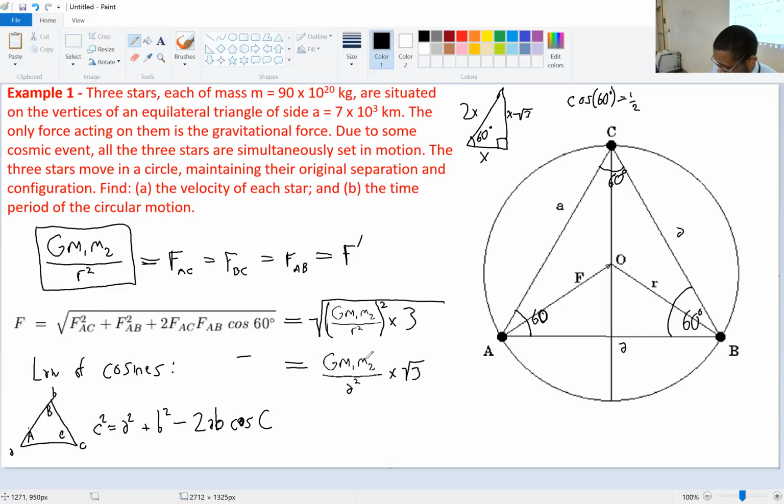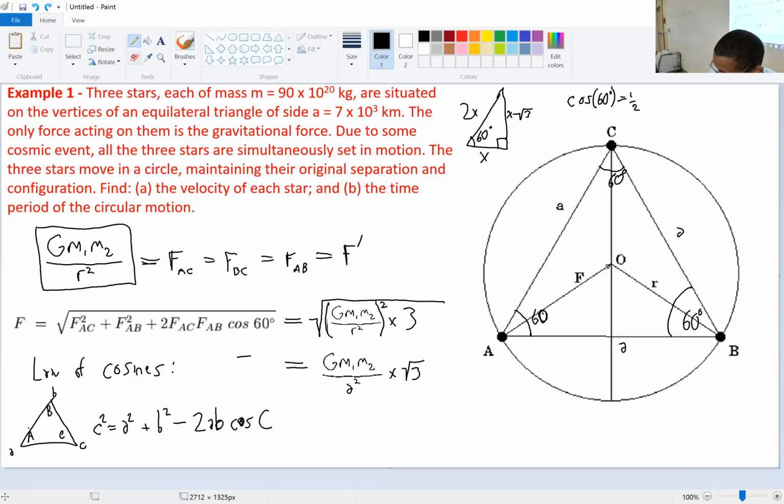So just to kind of confirm, here is where we are right now. So this formula here is basically the same. And I can further simplify this by saying, okay, the masses are equal. I don't really need this subscript here.